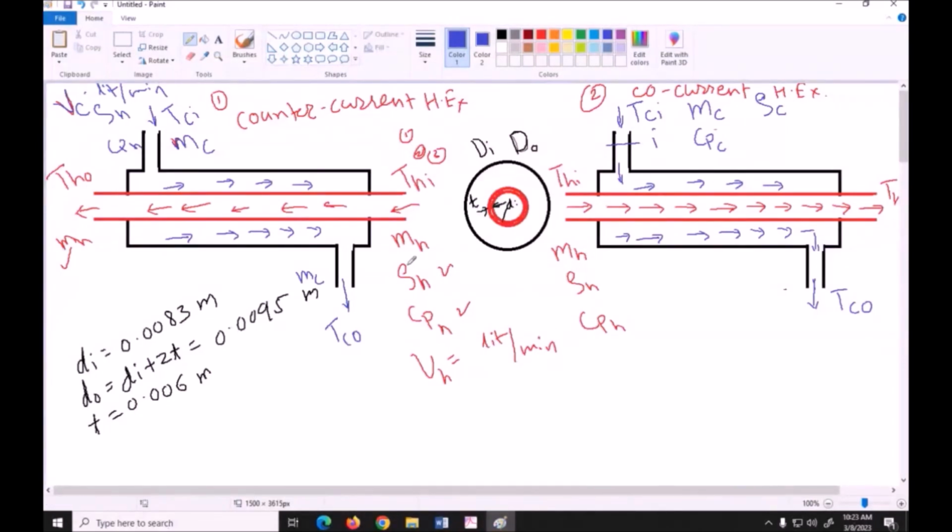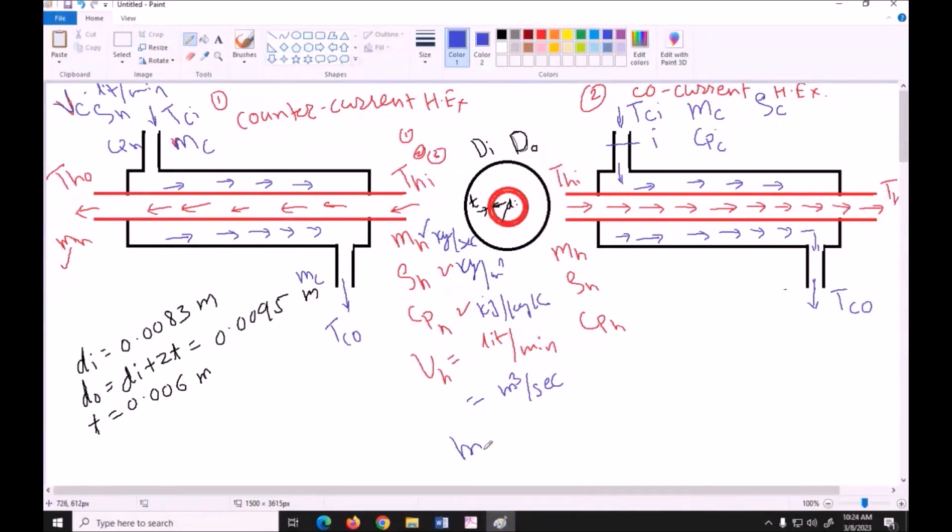By multiplying by density, we get mass flow rate in kg per second. Density is kg per meter cube, specific heat is kilojoules per kg Kelvin, and it's in liters. So we need to convert this to meter cube per second, and if you multiply by density, we'll get mass flow rate in kilogram per second.